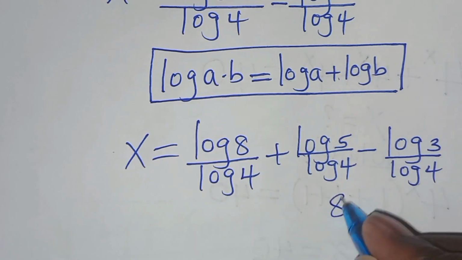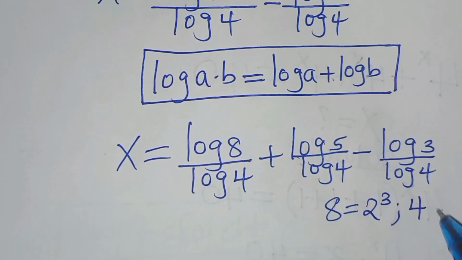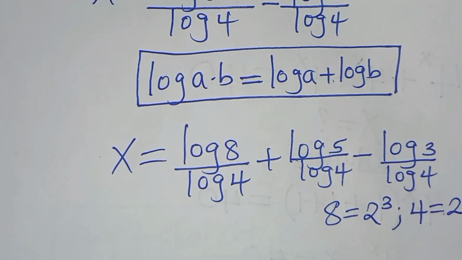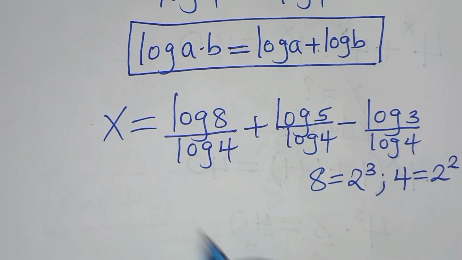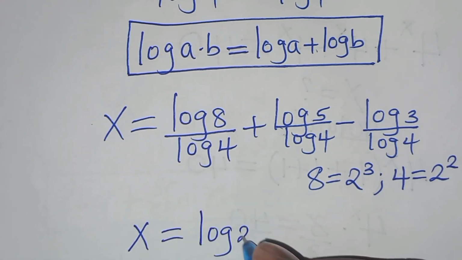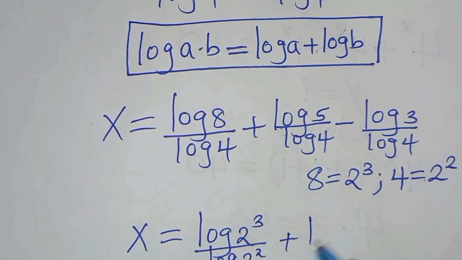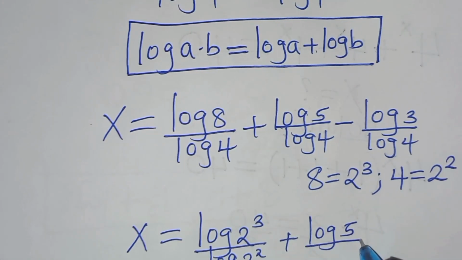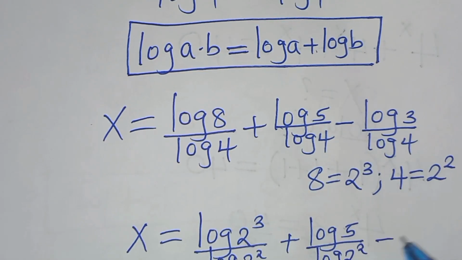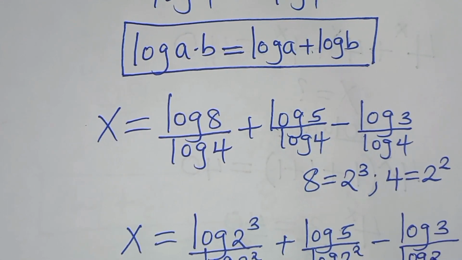We can express 8 as 2 to power 3 and we can express 4 as 2 to power 2. Substituting this, we'll have x equal to log 2 to power 3 divided by log 2 to power 2 plus log 5 divided by log 2 to power 2 subtract log 3 divided by log 2 to power 2.